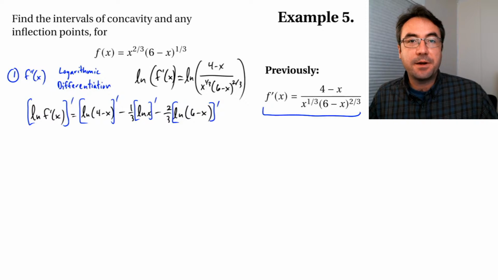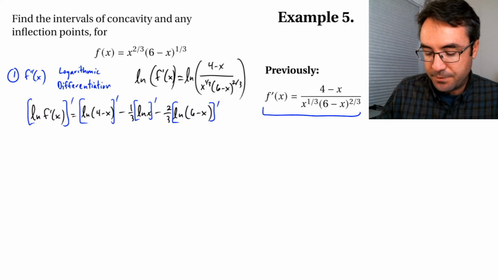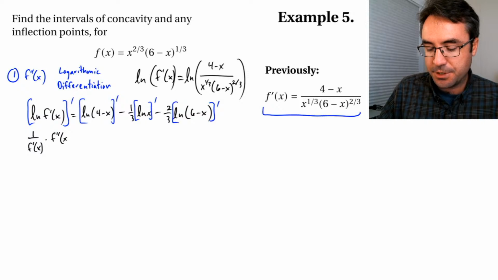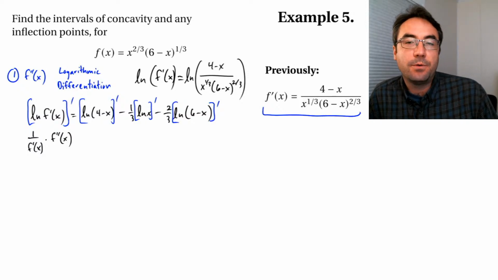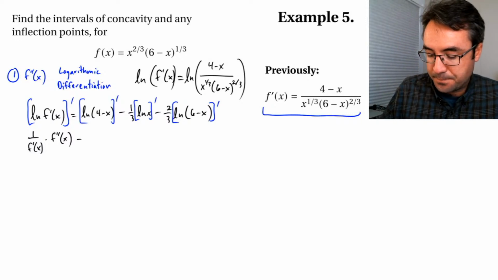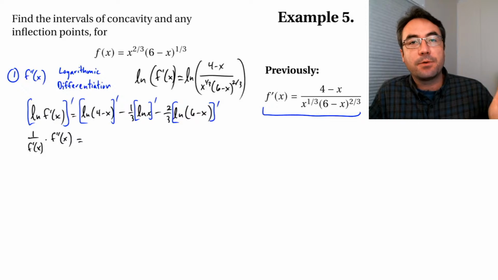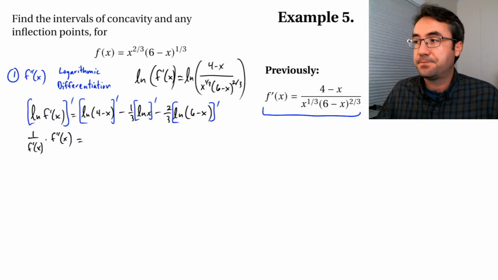So on the left there, that's the implicit differentiation. So derivative of natural log is the reciprocal of whatever's inside times the derivative of the inner function. So we get this 1 over f prime times f double prime. Then if we go through, when we differentiate each of these log functions, we just want to remember that we have to use the chain rule.